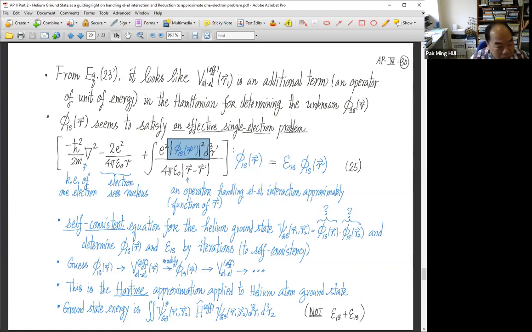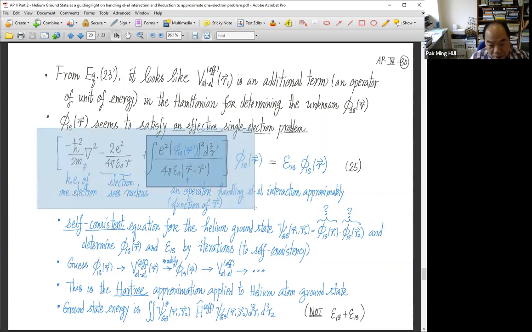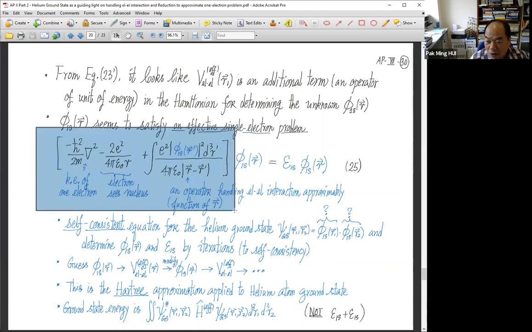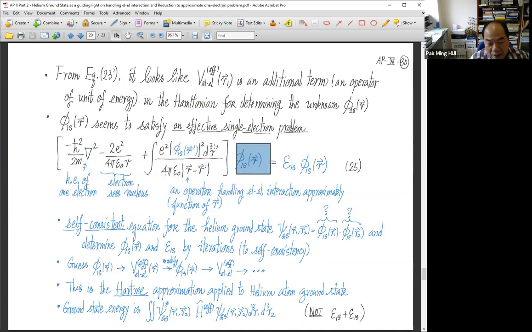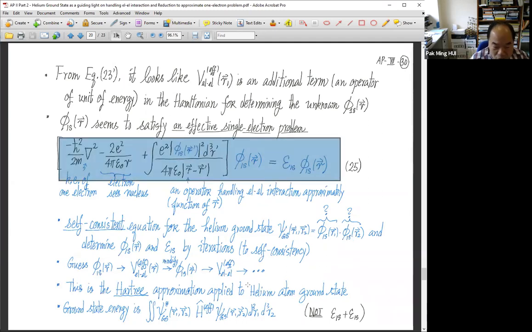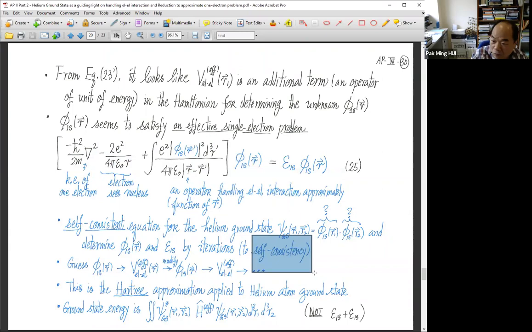If they differ by more than your tolerance level, you tune your 1s state again, plug it into here, recalculate this potential term, construct this operator, solve again, compare the result, adjust it, and do it again and again until consistency, until convergence.